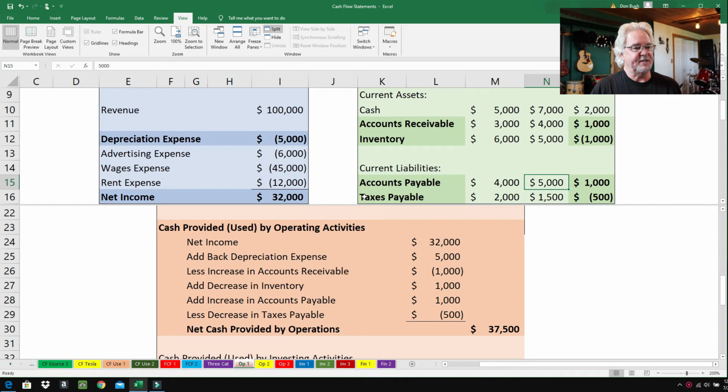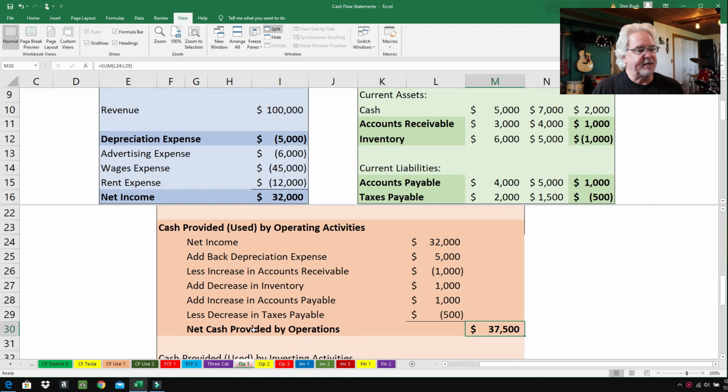And then we have taxes payable. Starts out $2,000, drops down to $1,500. That's a decrease of $500. So it looks like we're paying our taxes, so we have less decrease in taxes payable, $500. And then what we do is we add this column up and we have net cash provided by operations.